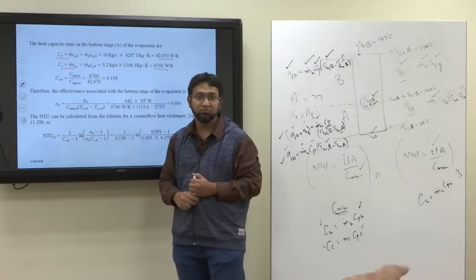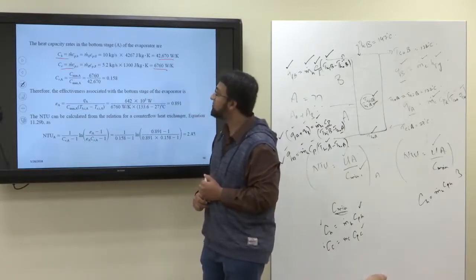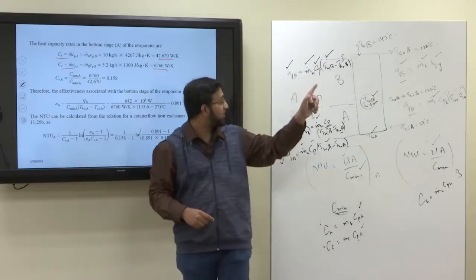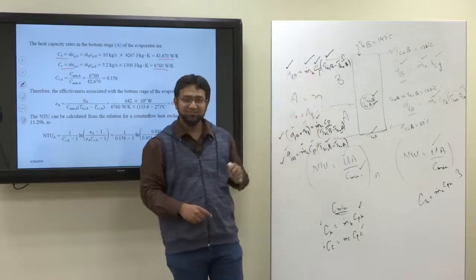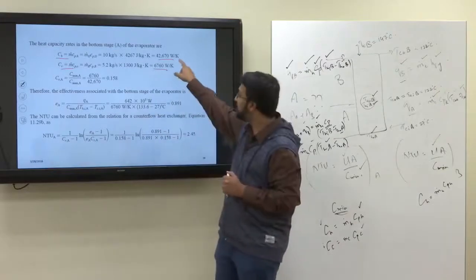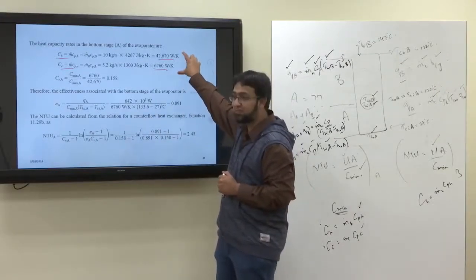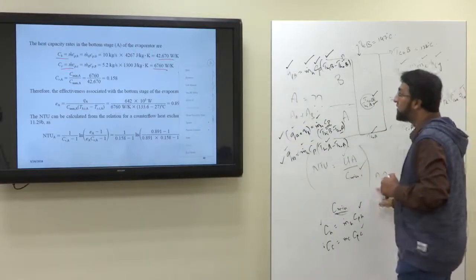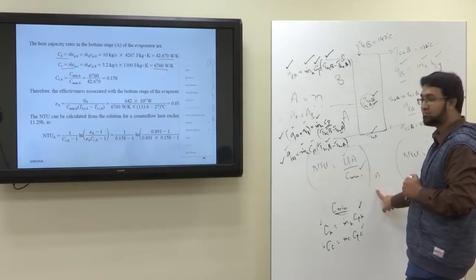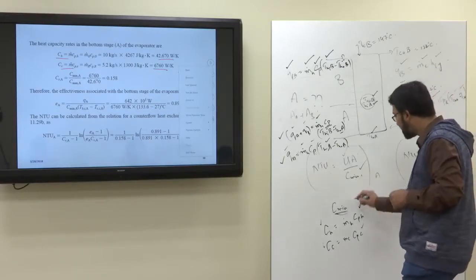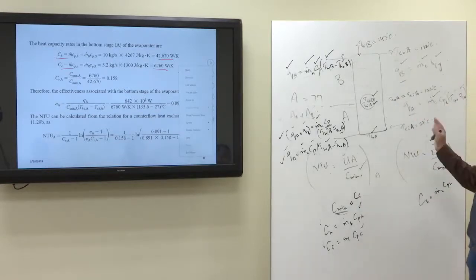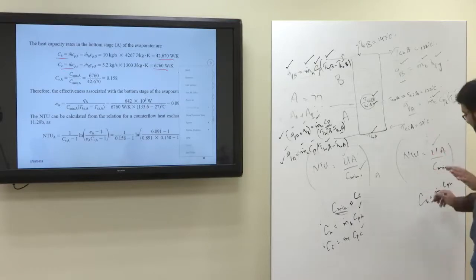So both CPG and CPR are given? One is given, the other you find from the table after making assumption for the hot side. This is for the hot side. Cold side it was given. Okay. So if you see here, CH and CC are this. So in section A, which one will be minimum? CC or CH? CC. CC will be minimum. So here C minimum will be CC. In section B, it's not a matter of question, pre-decided that this is C minimum.